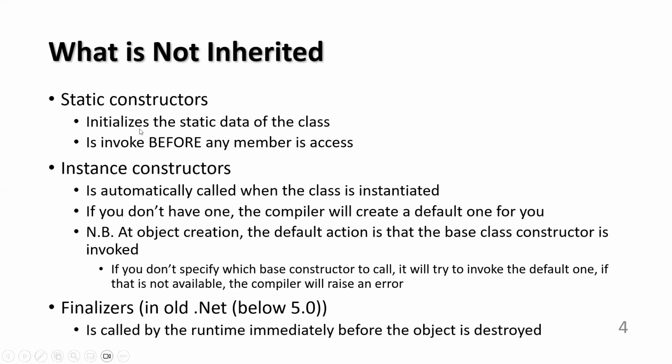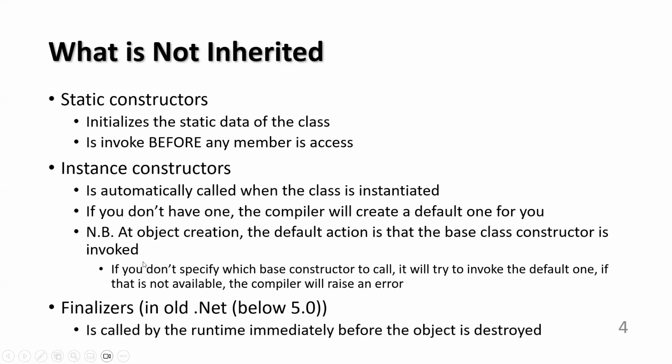It says that it initializes the static data of the class and is invoked before any member is accessed. And instance constructor, you know that we could have several instance constructors, and it is automatically called when the class is instantiated. If you don't have one, the compiler will create a default one for you.